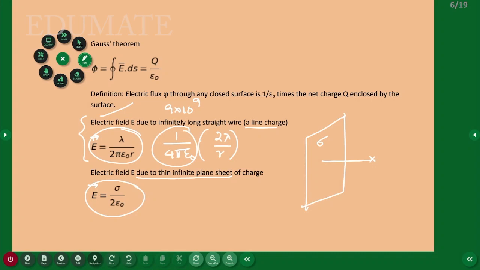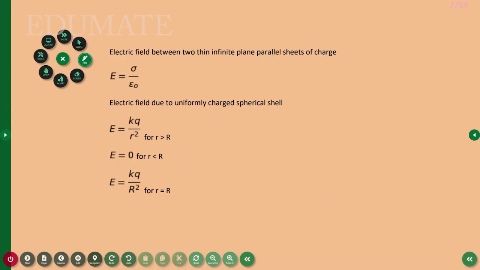Then sigma by 2 epsilon 0 can be used to find the electric field intensity at any point, say P, near this plane sheet. It's an important equation. Another important relation: let us imagine two charged plates.